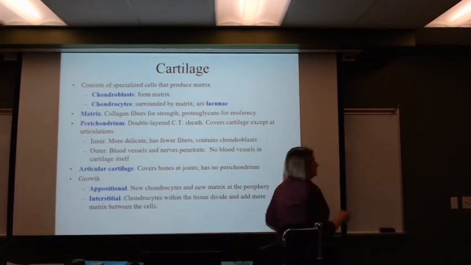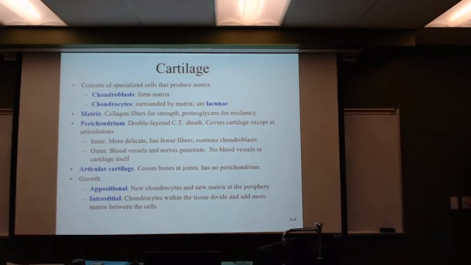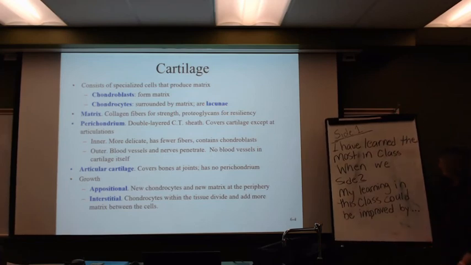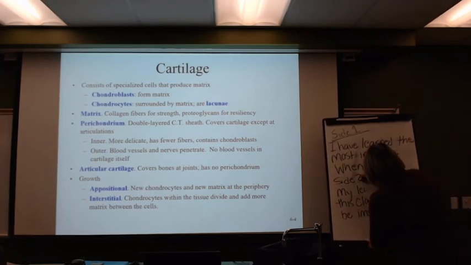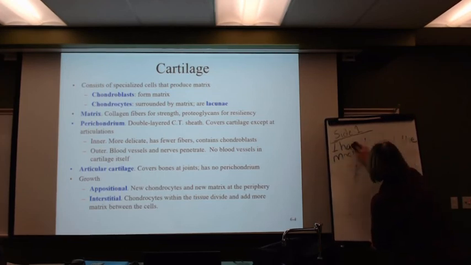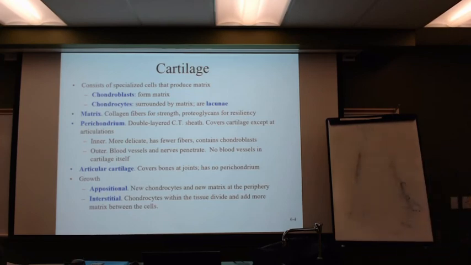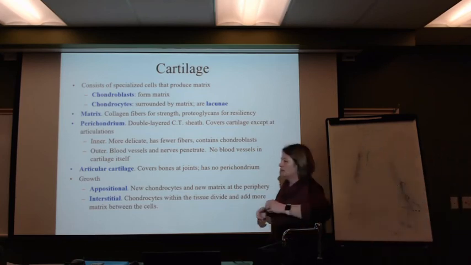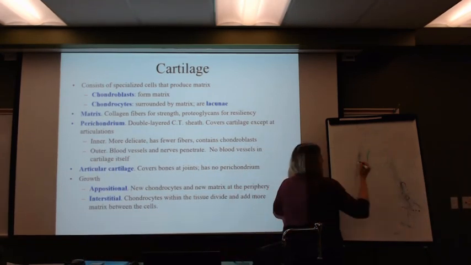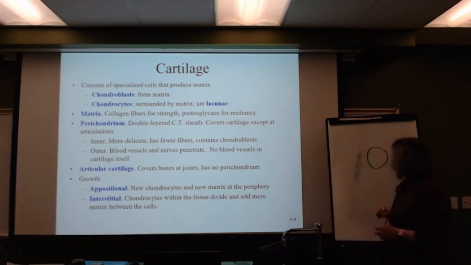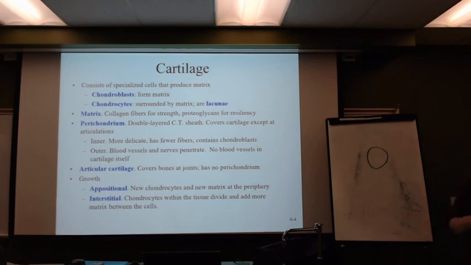So if you've got the situation where you're going to have a blast cell, the blast, being the immature, will secrete the matrix.